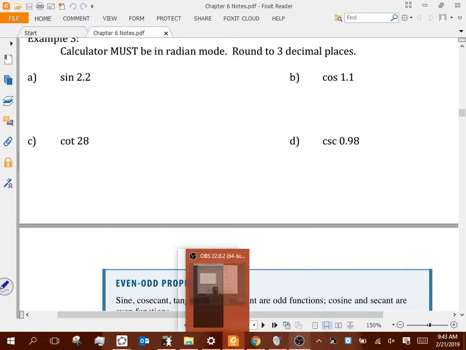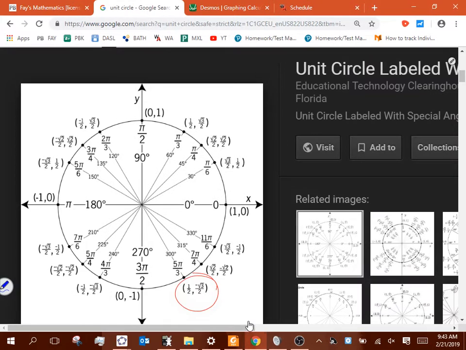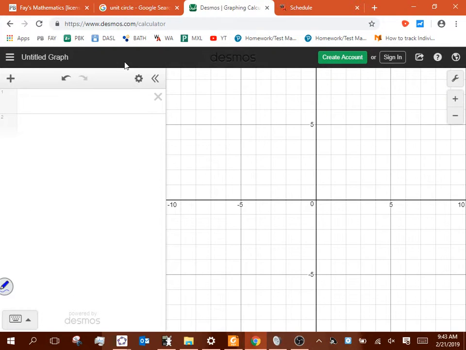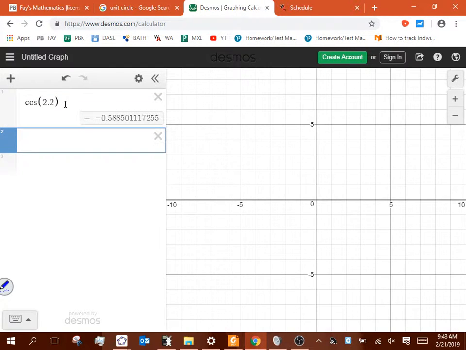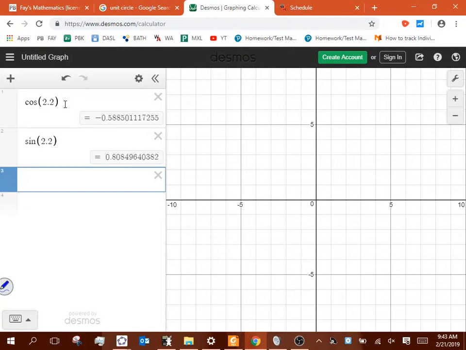If I were to take the cosine of 2.2, it gives me back that value right there. If I were to take the sine of 2.2, it gives me back that value right there. I think I can do this.